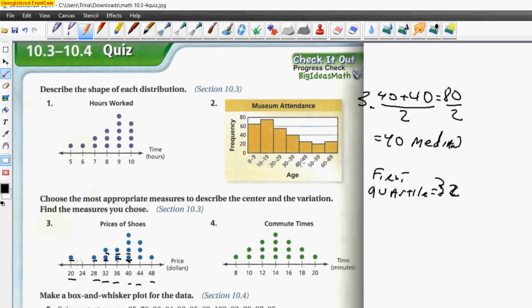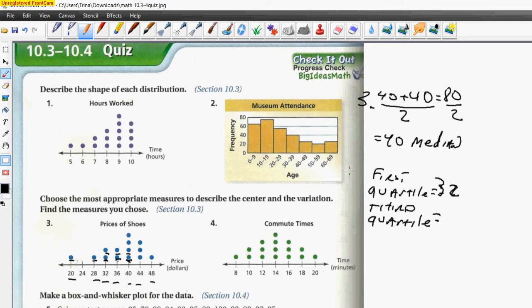Fantastic. Now, let us find what? The third or final quartile. Very, very important. Writing that down, the third quartile. And let's find that. The third quartile is usually on the right side of the actual median.